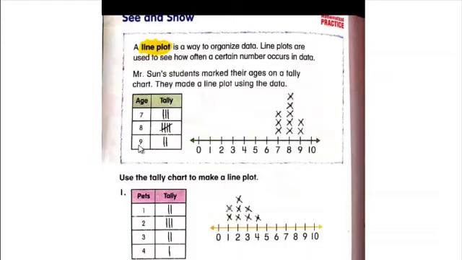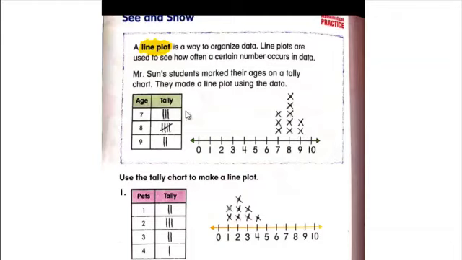Here at age number 9, there are 1, 2. So draw these tally marks as plots on this line to make the line plot. Draw 2 plots. 1, 2.